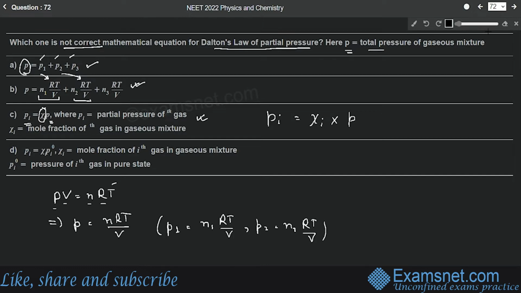Okay, and in statement D, sorry, the equation D, it is saying that the partial pressure of the gas is equal to the mole fraction into Pi naught, that means pressure of ith gas in pure state. So this is not true. Okay, we have to multiply the mole fraction with the total pressure. So out of option C and D, only option C will be the correct mathematical equation and D will be incorrect. So we have to find out the incorrect one, right? So D will be the correct choice for this question.